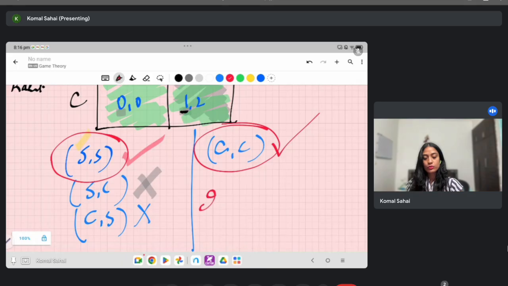Okay, so what we have is two Nash equilibria over here. Two Nash equilibria, and both of them, right, are stable. So this is a case where the Nash equilibrium is not unique, right? So what we have is that any social order in which both of them have settled on going to Rahul's favorite thing, right?